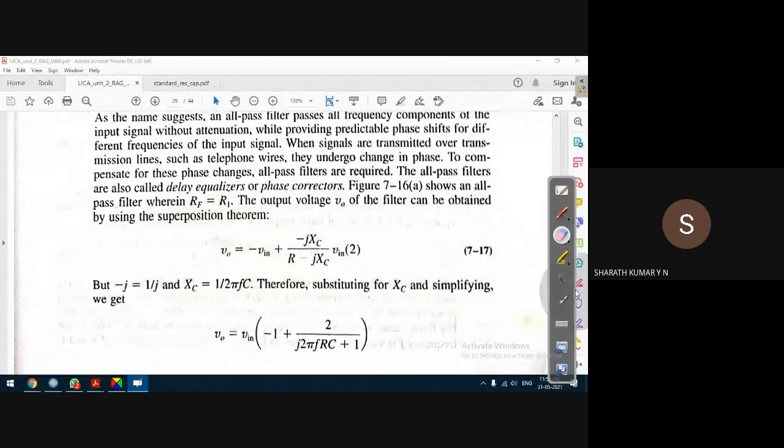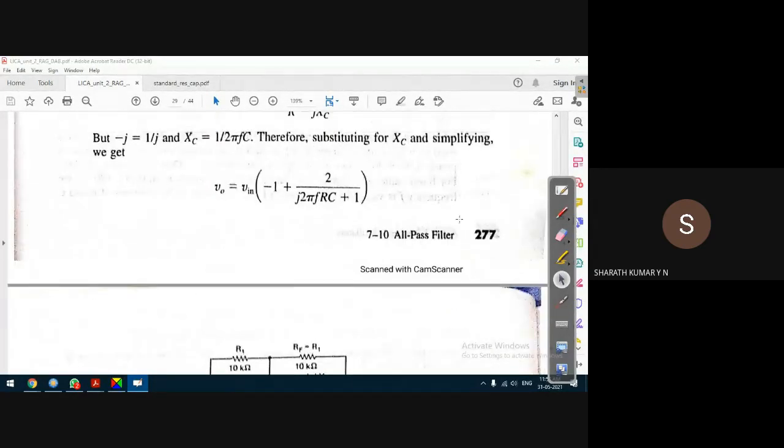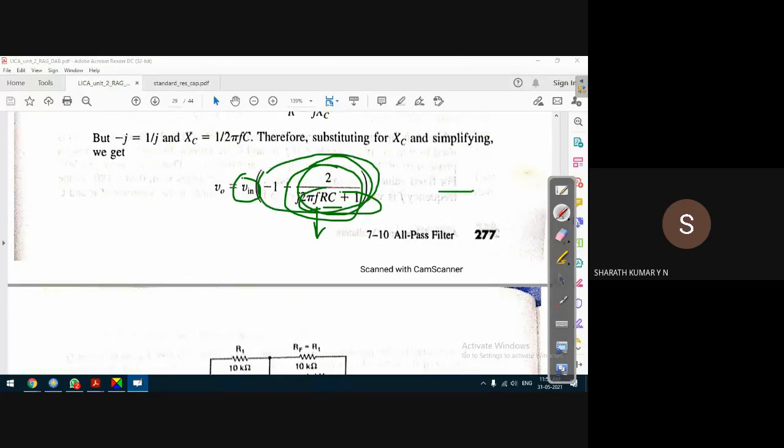Because in this expression, what we can observe is that all these factors are almost constant. RC is constant, input voltage is constant. It depends only on the frequency. How does it depend? As the frequency increases, the denominator increases, so this factor decreases. As this factor decreases, this component further decreases.